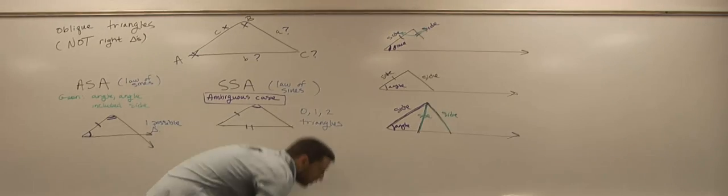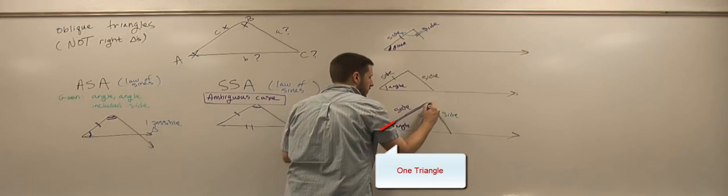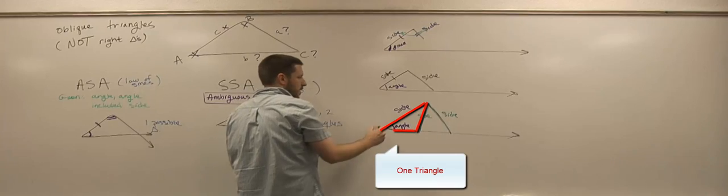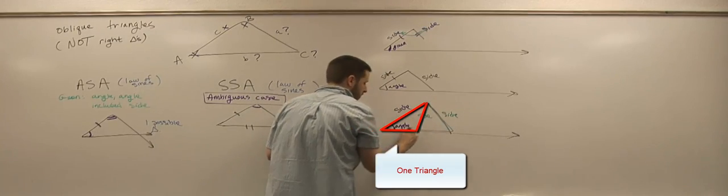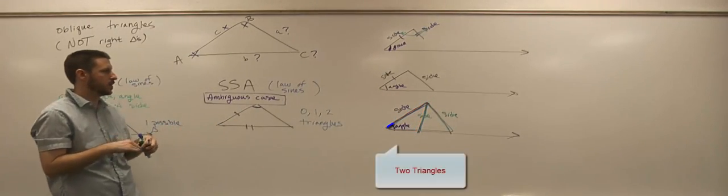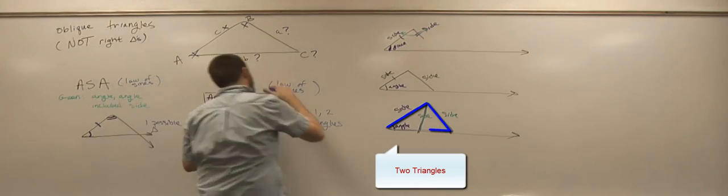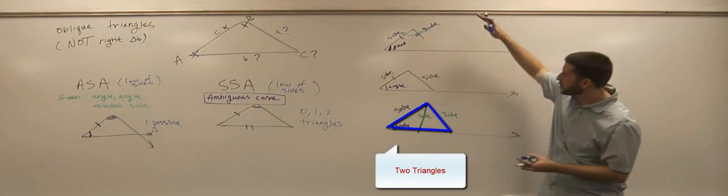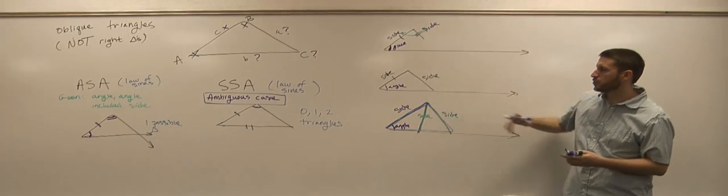I can make this fit. So here would be one triangle, or here would be the other triangle. So side-side-angle is the ambiguous case because it's possible to get either 1, 0, or 2 triangles.